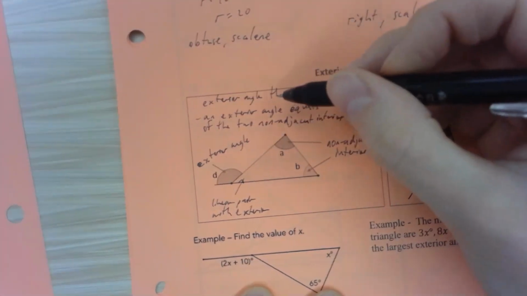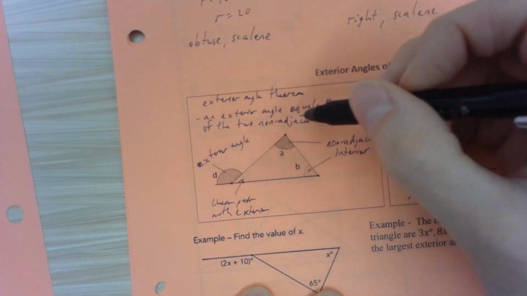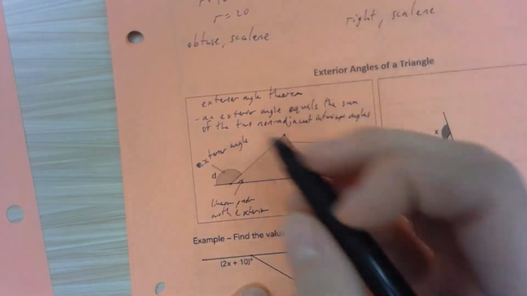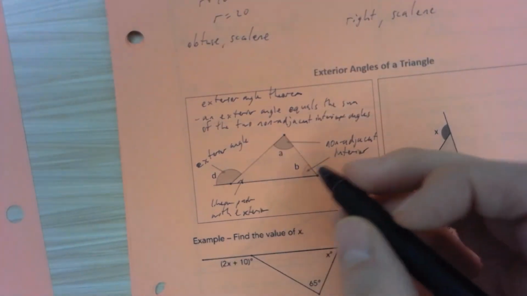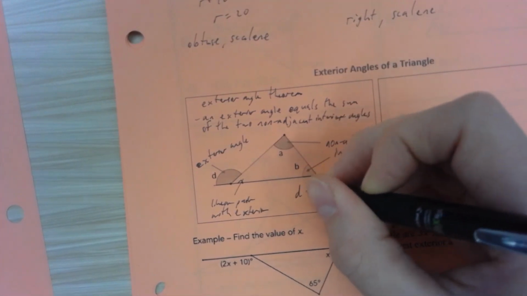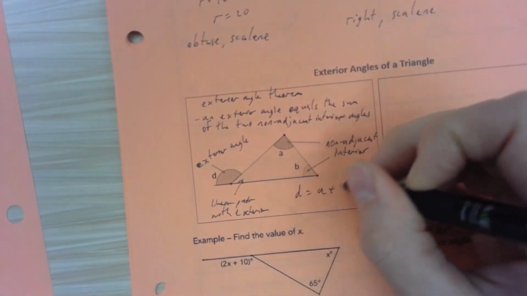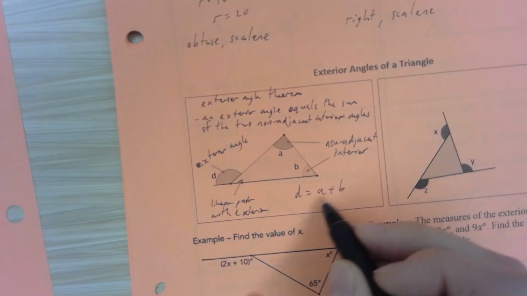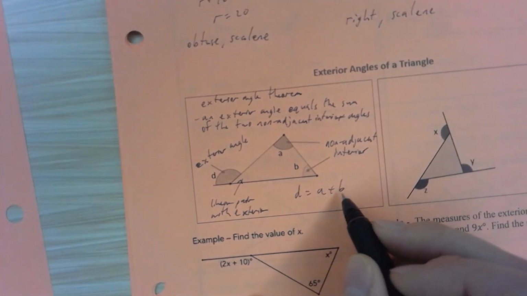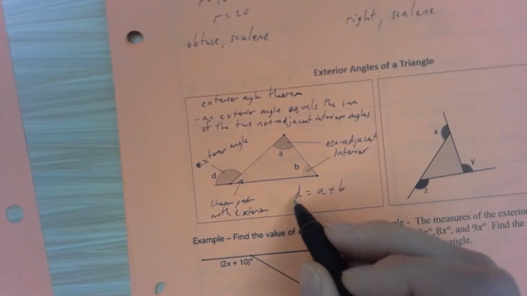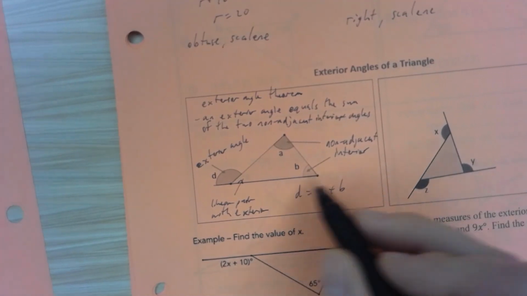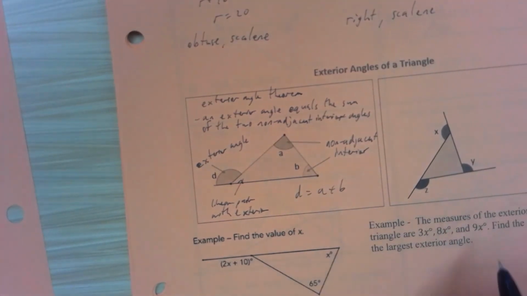Okay? An exterior angle equals the sum of the two non-adjacent interior angles. So as an equation, that's just going to look like this. D equals A plus B. Okay? The sum of the two non-adjacent interior angles, add the two non-adjacent interior angles together, is equal to that one exterior angle. So then we don't have to bother with the adds up to 180. We have these two things equal to each other.